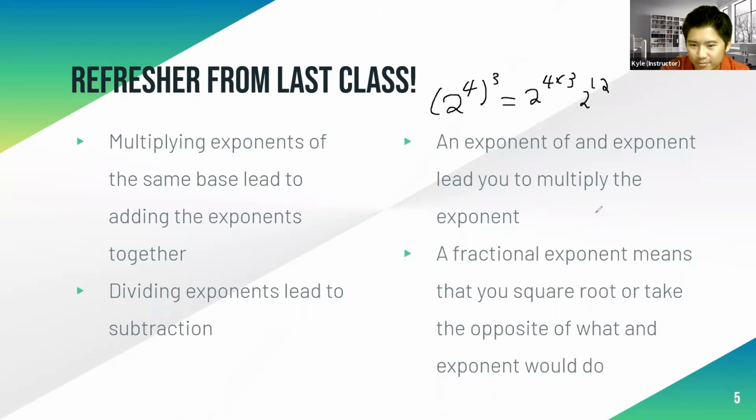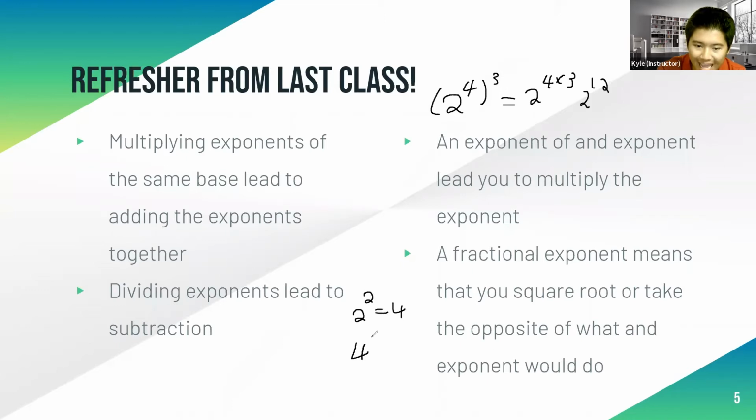Okay? And then for the last one, a fractional exponent, like 1/2, you would use a square root, basically doing the opposite of what we do with the power. So like if you do 2 to the power 2, it's 4.